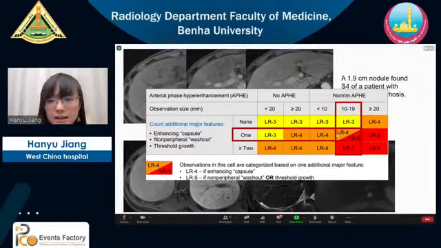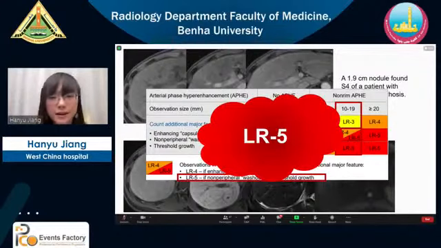And note that this cell is subdivided into 2 cells. So for the first one, if the patient presents with enhancing capsule, then the observation would be better assigned as LR4, while if non-peripheral washout or threshold growth is present, the observation can be assigned as LR5. So this is an LR5 lesion.